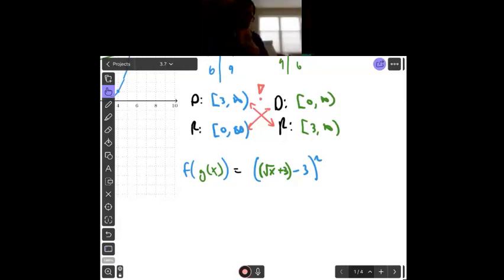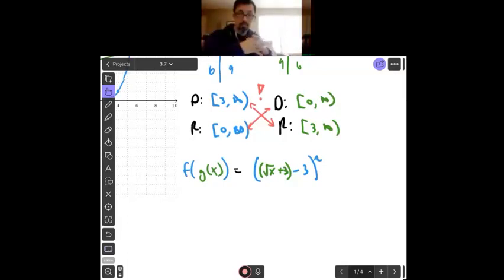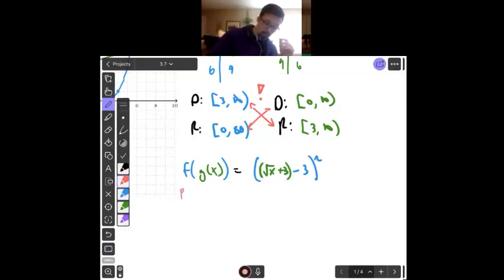We've done this, it's just been a while. Okay, you guys recalling that? Okay. So now we want to simplify that. What's this equal to?